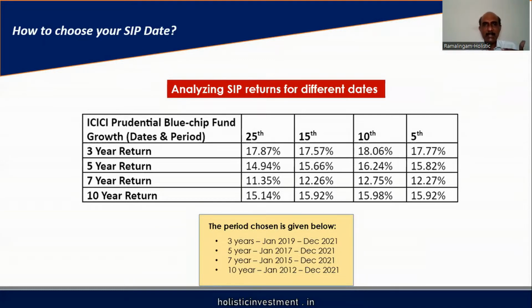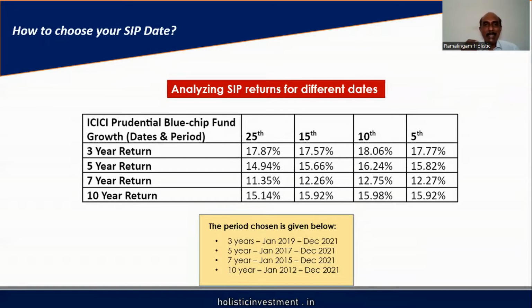I have taken it as an example because this fund has got a longer history of more than 10 years. How has this fund given SIP returns? If someone is doing an SIP every month 25th, every month 15th, every month 10th, every month 5th, what is the kind of return this fund has delivered over a period of 3-year, 5-year, 7-year, 10-year?